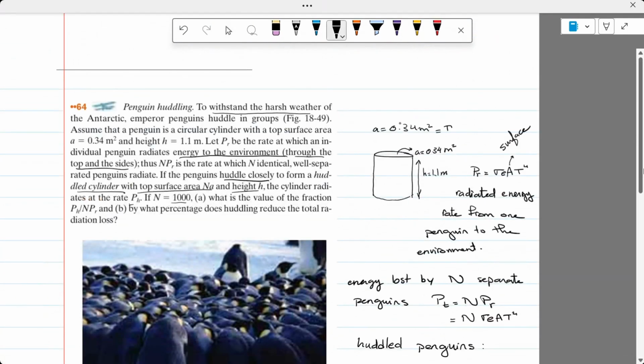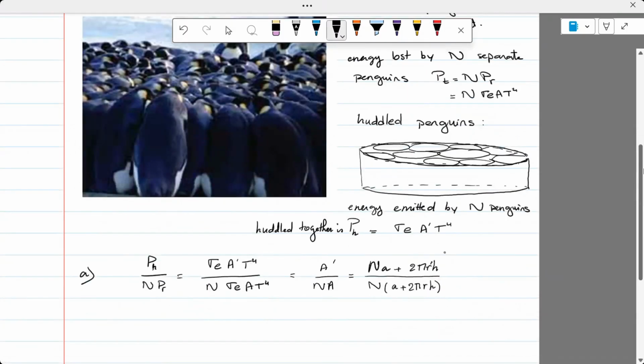But I know this is pi r squared, so I can say that r will be radical A over pi, right? So this will be NA plus 2 pi radical A over pi times H. Actually, this will have times N because it's the huddled cylinder.